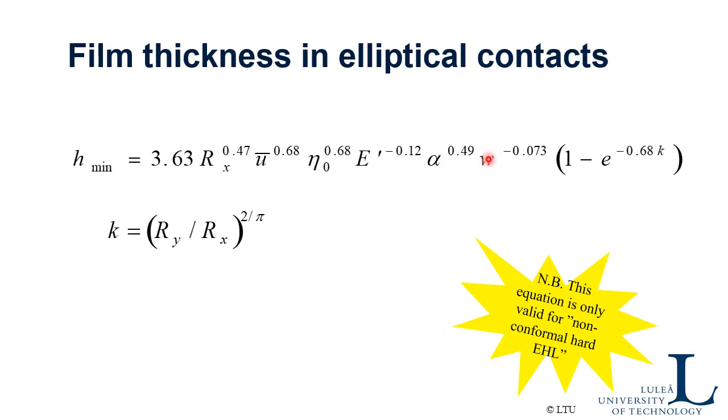In this case it's the real load in Newton. But then you have some additional term here to take care of the ellipticity of the contact. And you have a K here, which is simply a ratio telling you how elliptical this contact is. Again, this equation is only valid for non-conformal hard EHL. It's not valid for soft EHL, like an elastomer in contact with some other soft surface.